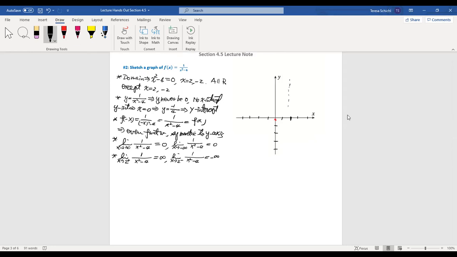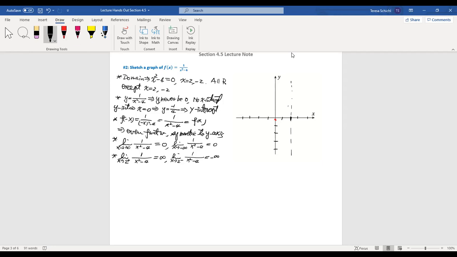Those are my asymptotes. So approaching from the right-hand side goes to infinity, and from the left-hand side goes to negative infinity.